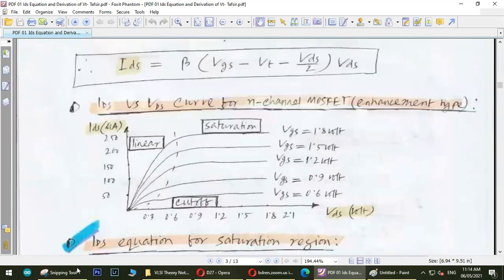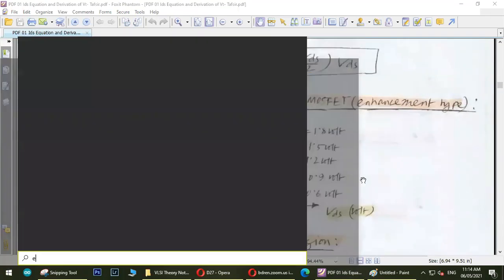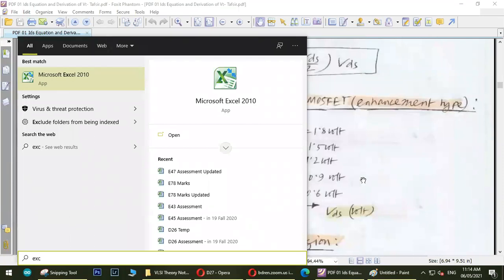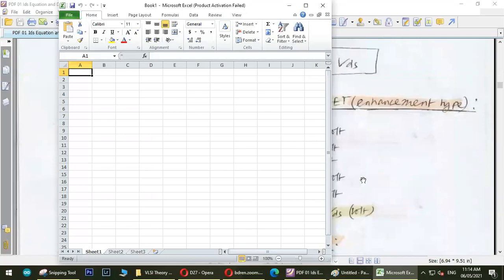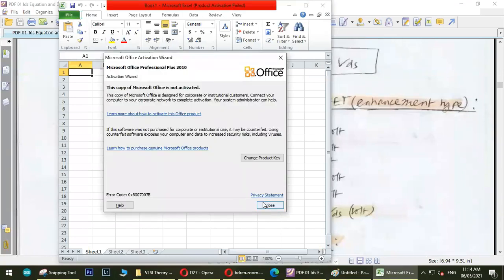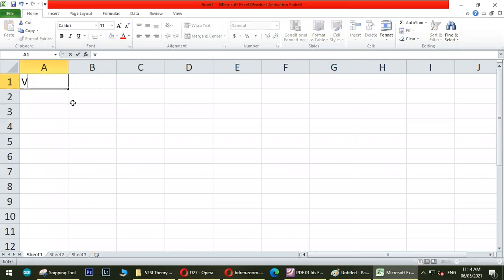Okay, let's make a graph to see. I'm going to Excel. Here, this one will be our VDS. This one will be our VGS minus VT, because this is the condition checker.